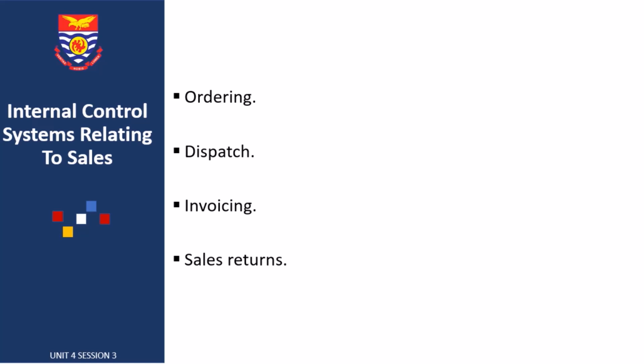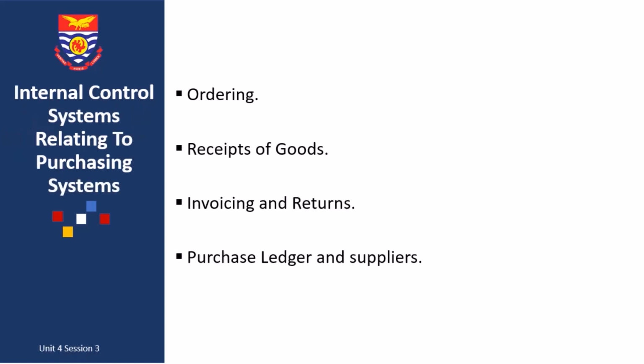It's not having any defect. If it's having a defect, then you don't accept that one. So basically, these are the four main steps or processes of the internal control system relating to sales. It starts from ordering through to dispatch of the order, then invoicing it, and then if the customer is not satisfied with the goods and has to return it, we call it the sales returns.